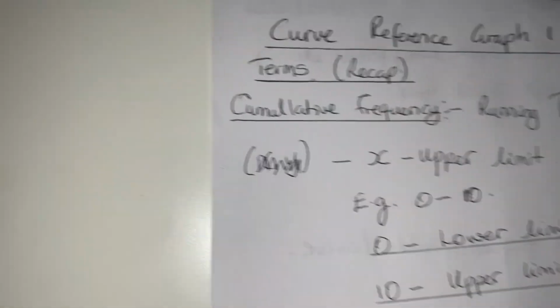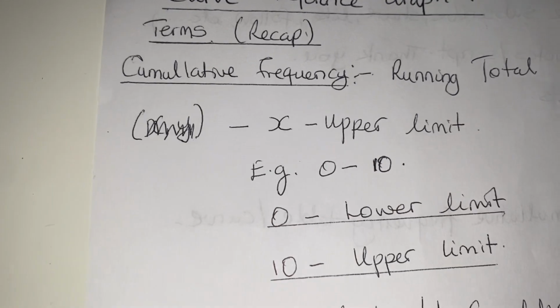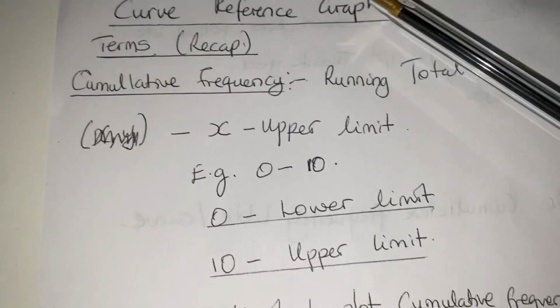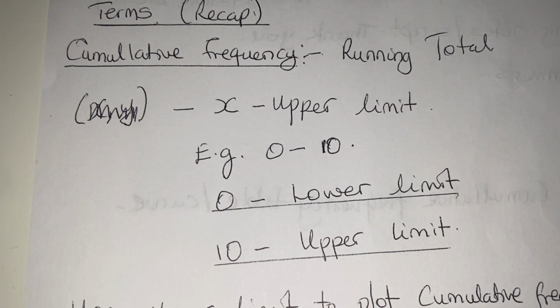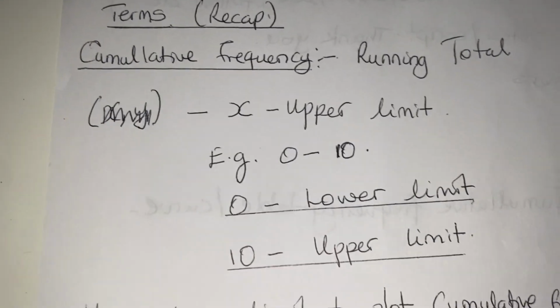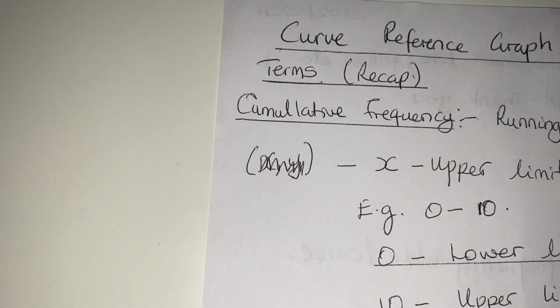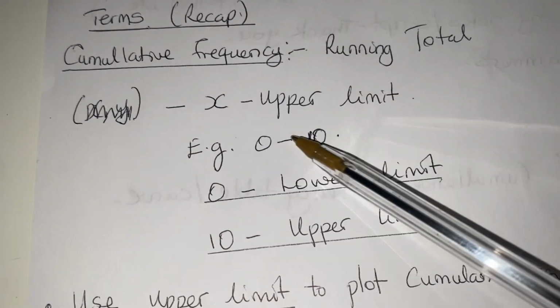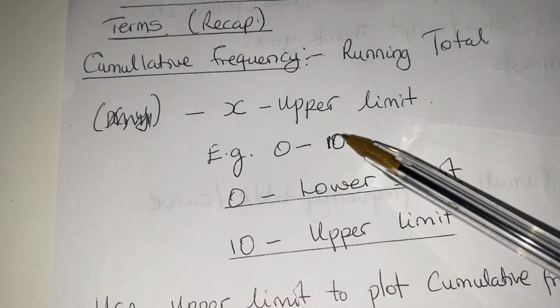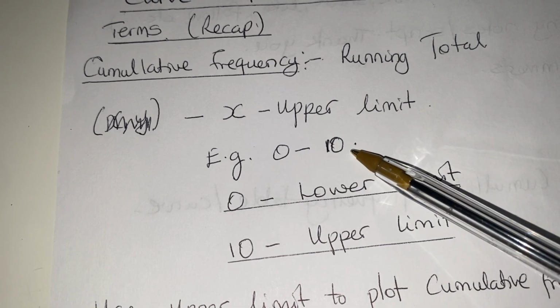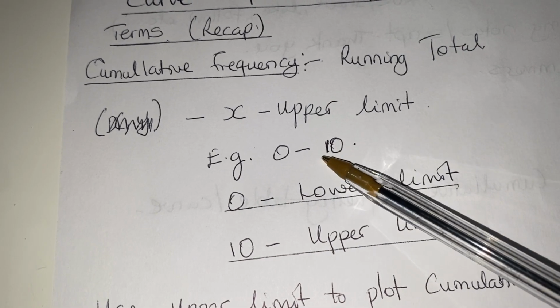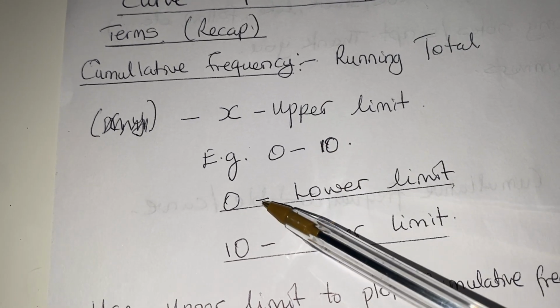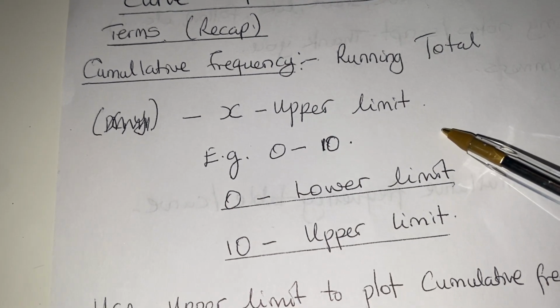Now, cumulative frequency is the same as the running total, as I've gone through the table with you. The upper limit, so if you take the group, like 0 to 10, 10 is the upper limit and 0 is the lower limit.